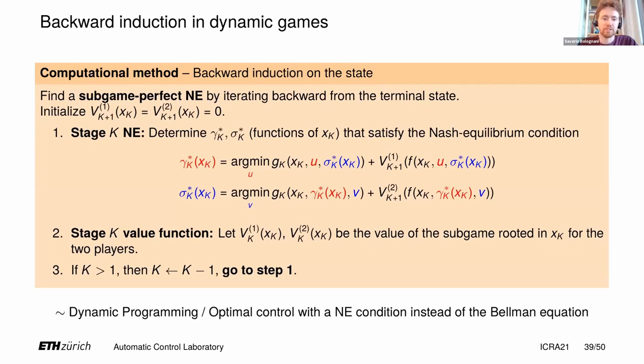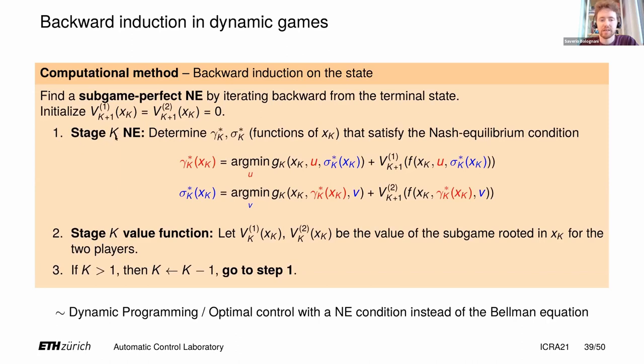Okay, so what's the computational method that I'm suggesting here? Well, it's simply to do backward induction on the state instead of the game tree. So how does it look? You initialize at the very end of the game the value of the game to 0. So you have a function which is a function of the state after stage K. Okay.